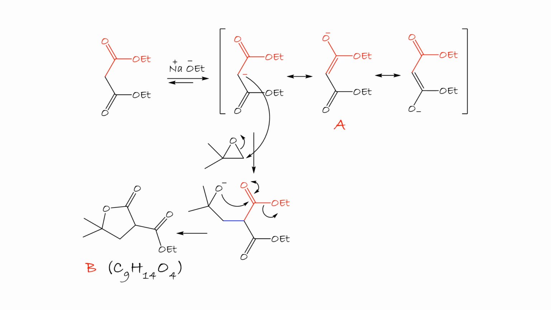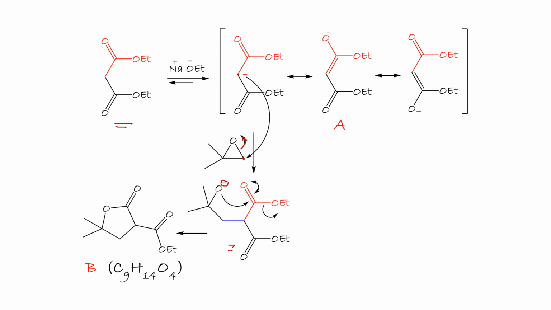Well, having the diethyl malonate with ethoxide, you form the enolate. The enolate will react with the oxirane, opening the ring by attacking the less substituted, less crowded carbon, to form this compound, this anion.